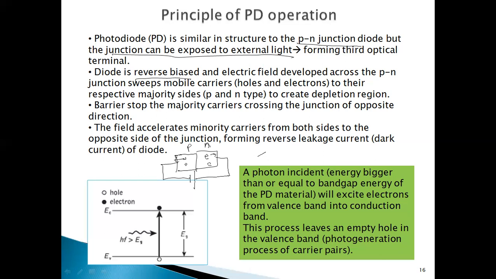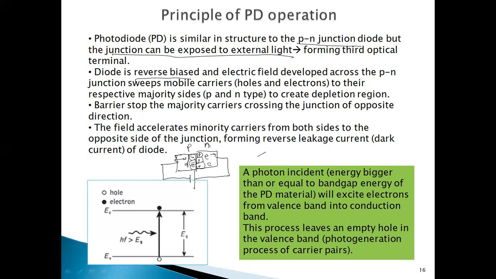As such, we are going to have a depletion region, which is produced due to the formation of positive donor atoms and also negative acceptor atoms.